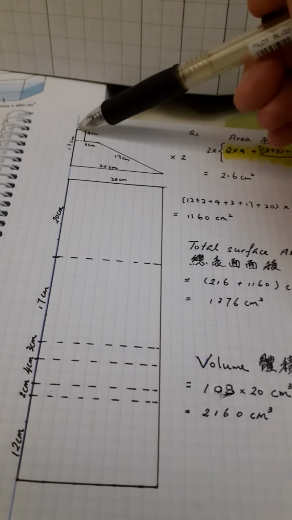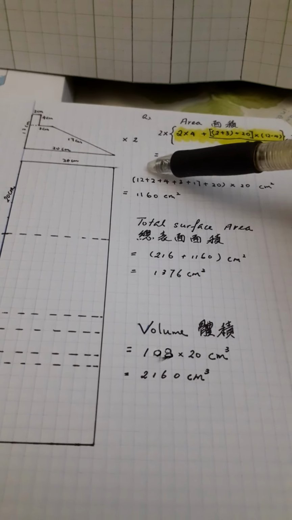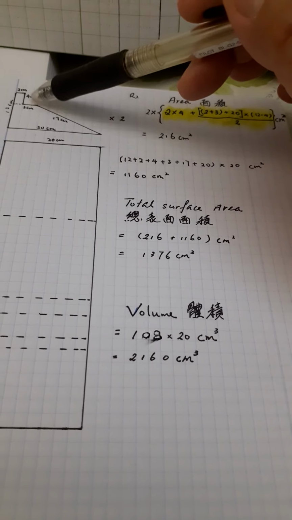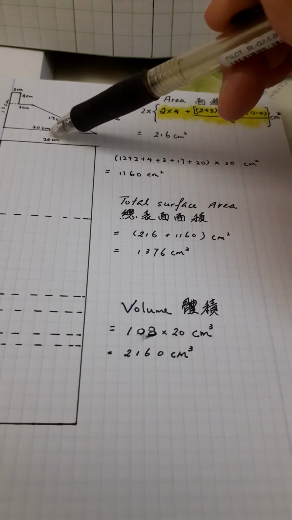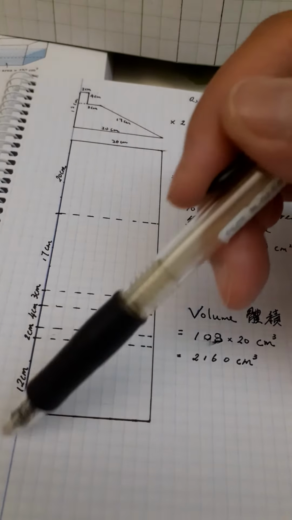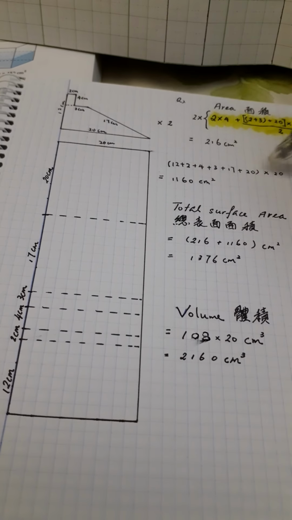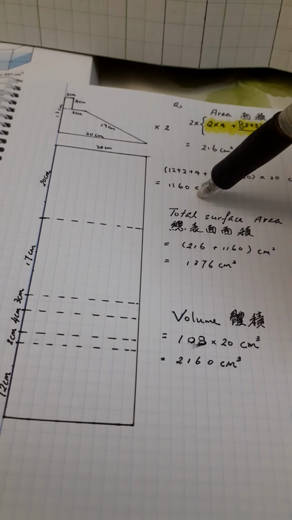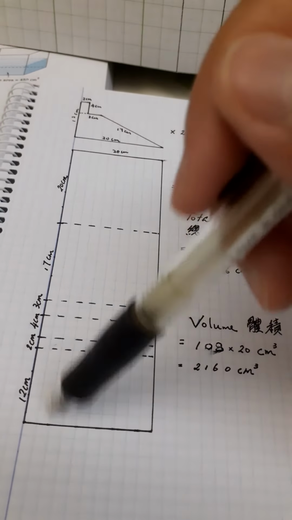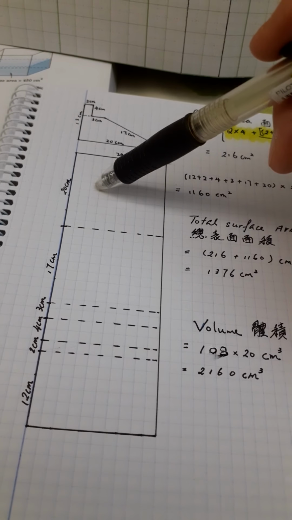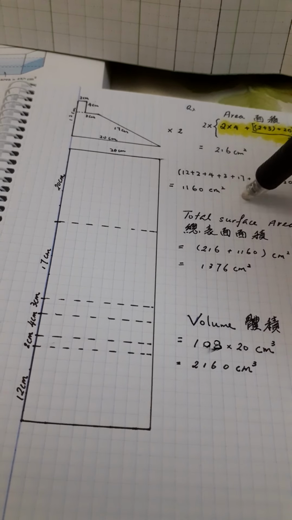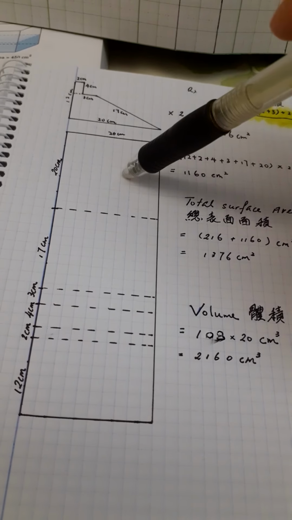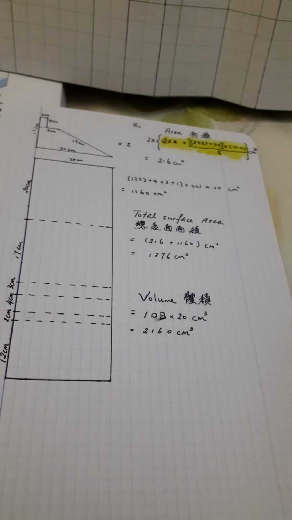Okay, the perimeter of this one. Therefore, I have 12 plus 2 plus 4 plus 3 plus 17 plus 20. It becomes the length of this rectangle, and then times the width of this rectangle, 20. And therefore for this part, the area is 1160 cm square. And then for the total surface area, I need to add everything together.